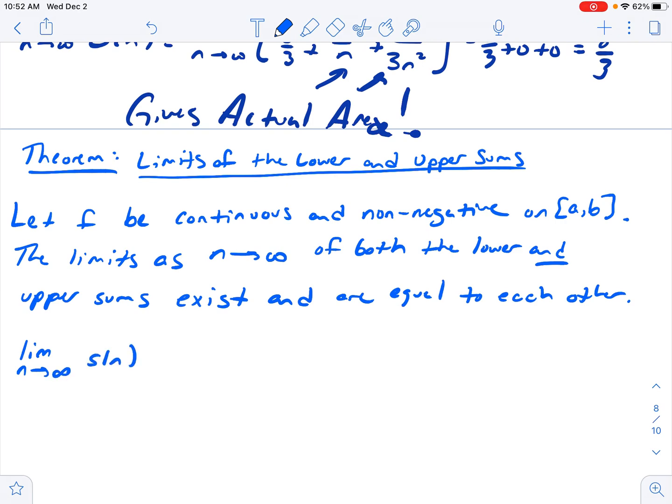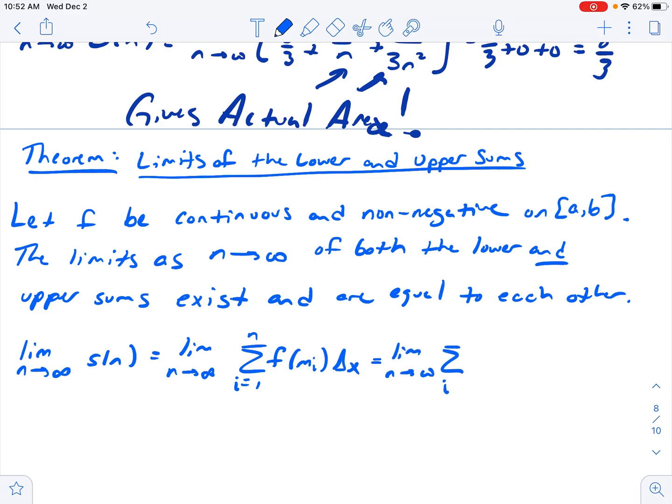In other words, the limit as n approaches infinity of little s sub n, which is equal to the limit as n approaches infinity. And watch my notation. I'm going to write summation i goes from 1 to n of f of lowercase m sub i delta x.